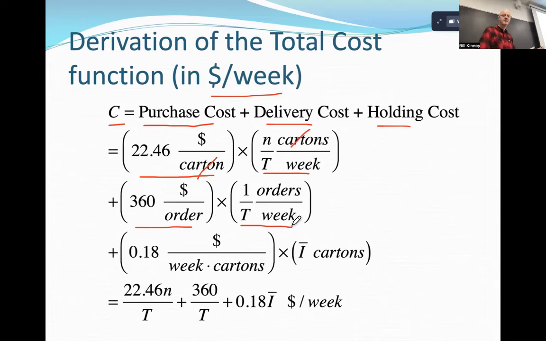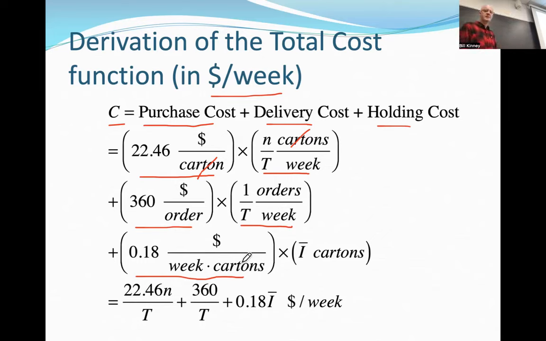And then we've got the holding cost, $0.18 per week per carton that is stored. You could convert that to a unit that has a fractional unit like this, dollars per week times cartons. Don't worry about trying to imagine what that means.